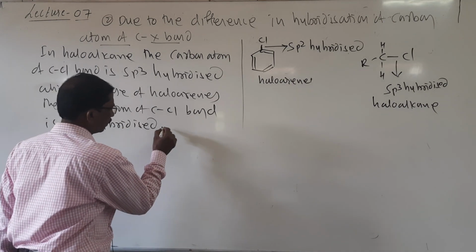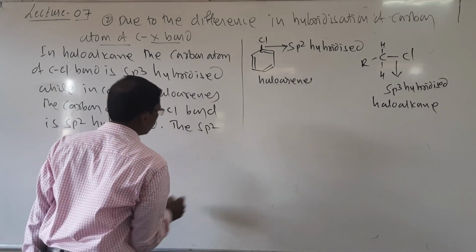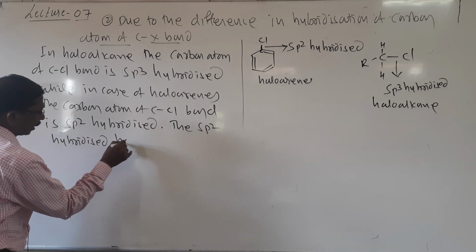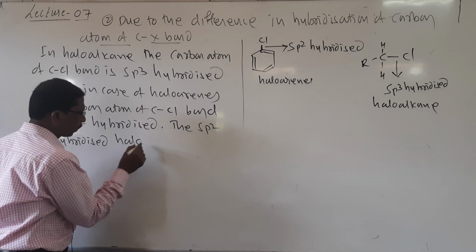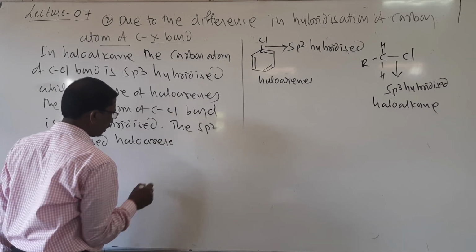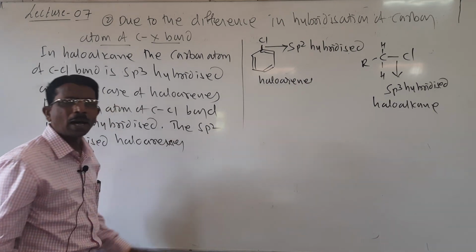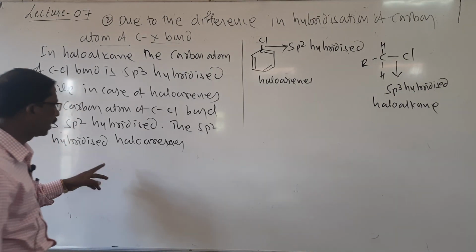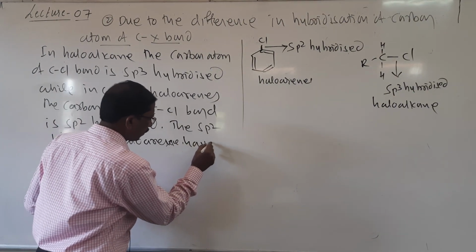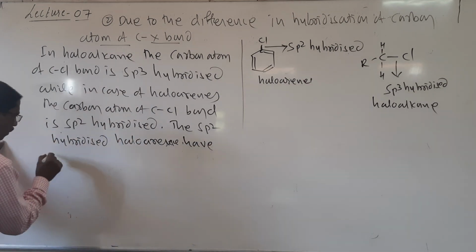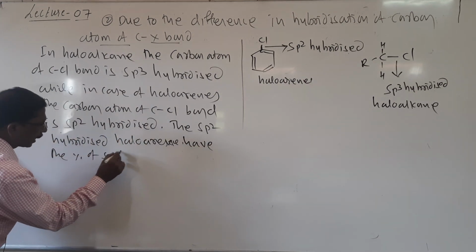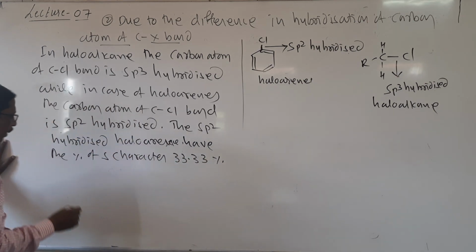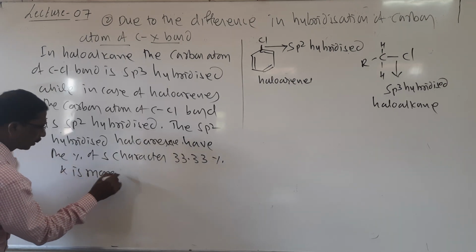So then the sp2 hybridized haloarenes are more electronegative due to the percentage of s character. The sp2 hybridized haloarenes have the percentage of s character 33.33% and is more electronegative.